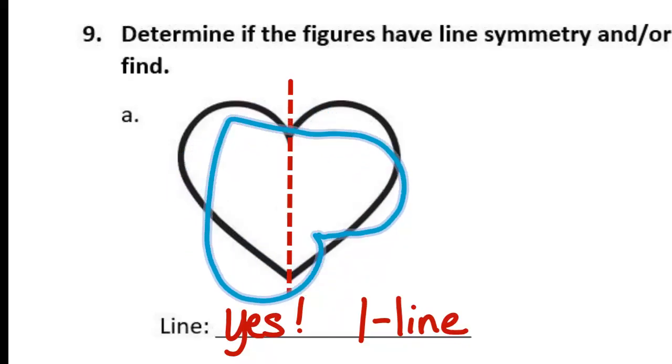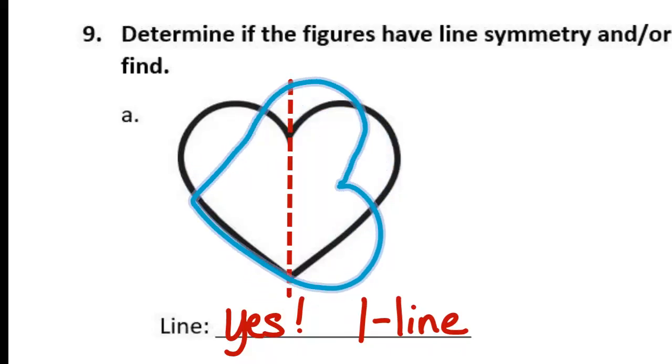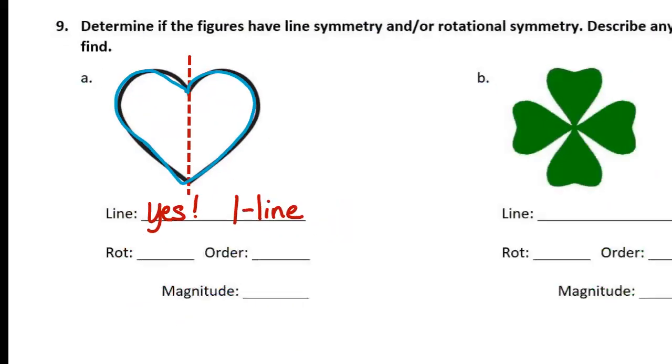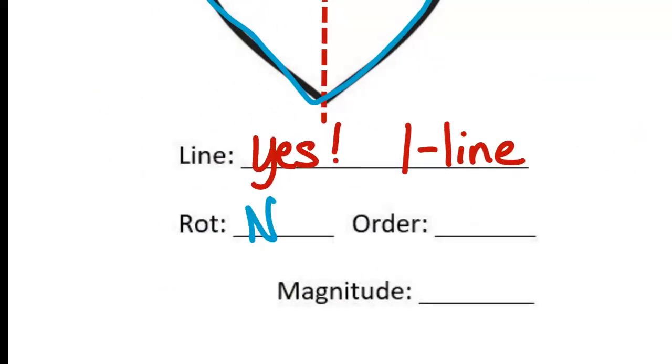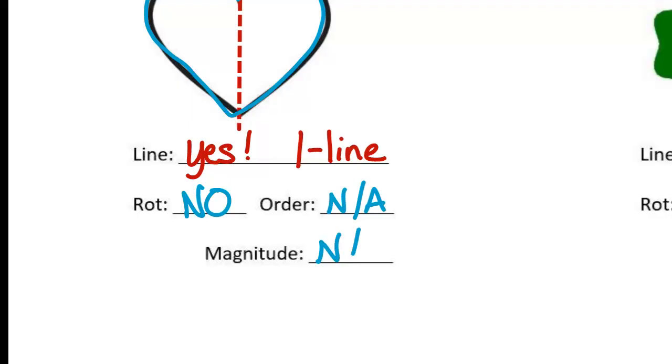Is it matching up with itself anywhere so far? No. In fact, I have to go all the way around back to where I started before it matches up. So this does not have rotational symmetry, which means order is not applicable and magnitude is not applicable.